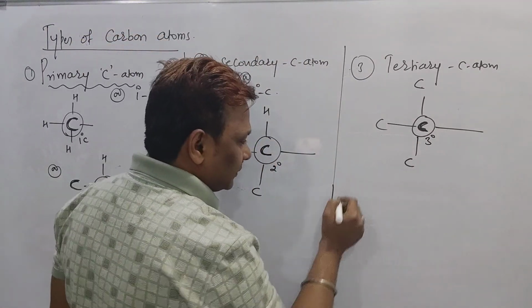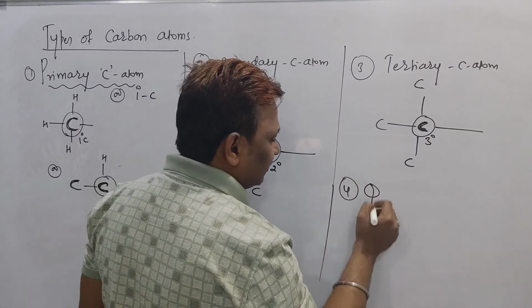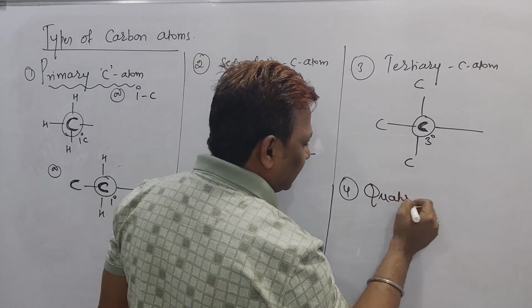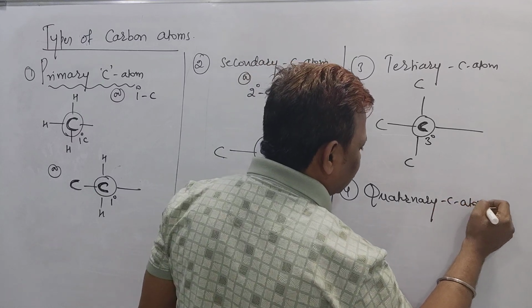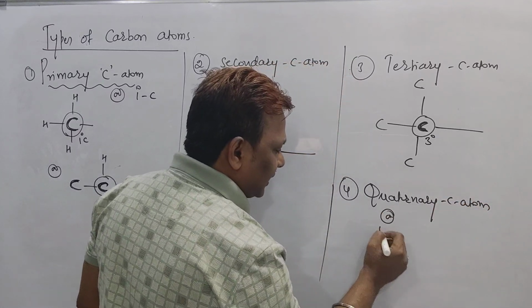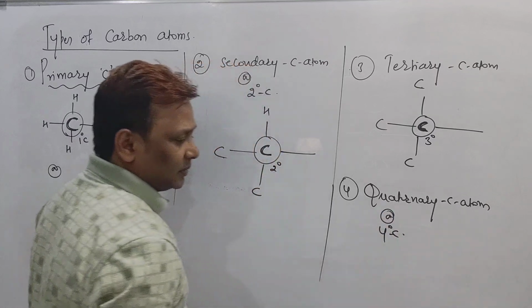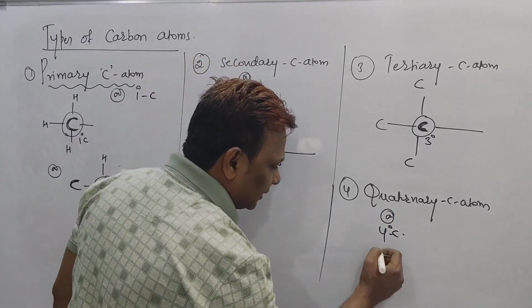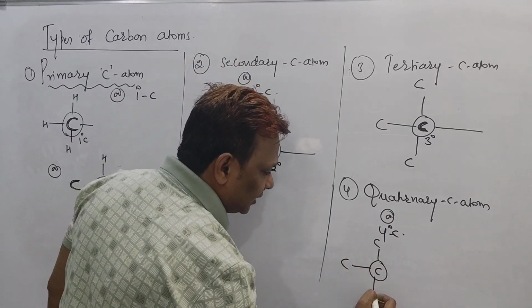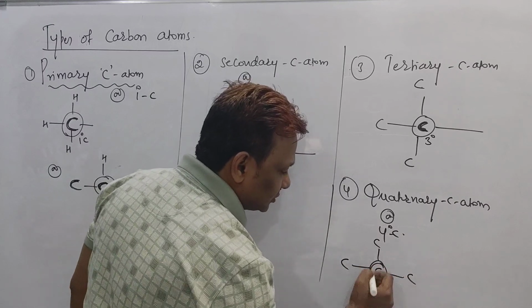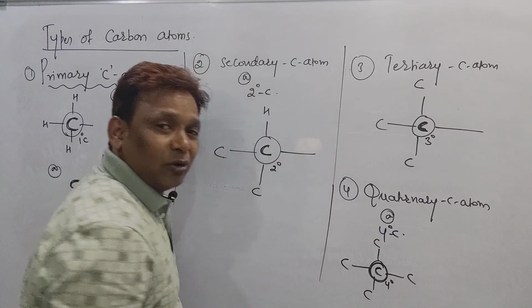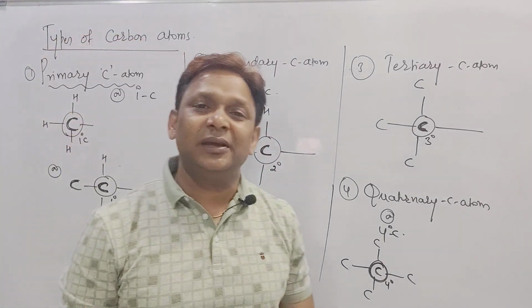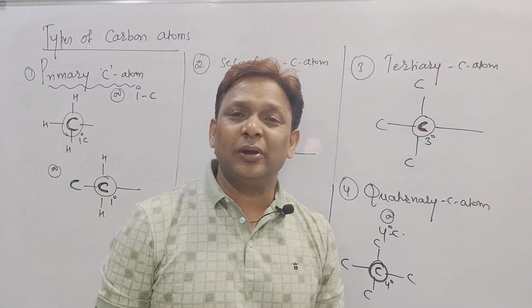And one more type is there, beta, the fourth one, and this will be called a quaternary carbon atom. Beta, what is this quaternary carbon atom? Sir, it is denoted as a 4 degree carbon. Means a carbon atom attached with 4 carbons is called a 4 degree carbon, or a quaternary carbon. So did you understand, beta?